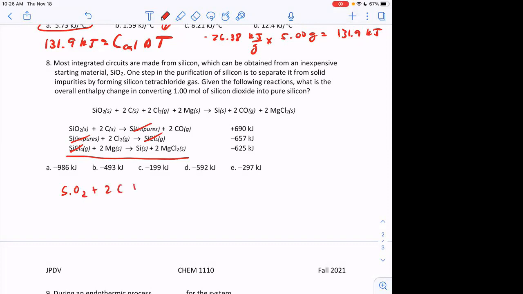From the second reaction, we get the 2Cl2. From the last reaction, we get the 2 magnesium. And then we get the 2 carbon monoxide from the top reaction. Nothing from the middle reaction, and then the silicon solid plus the 2 MgCl2 from the last reaction. Just add them all up. Which letter do we get? D as in dog.